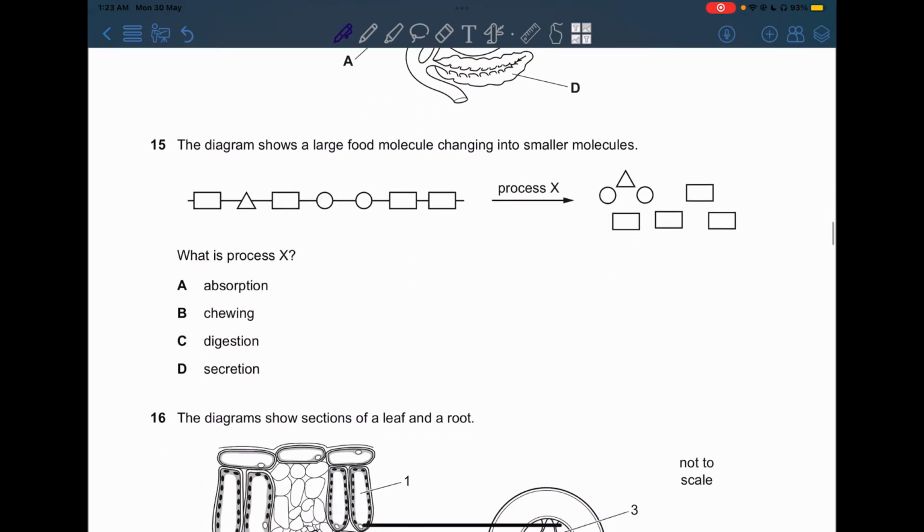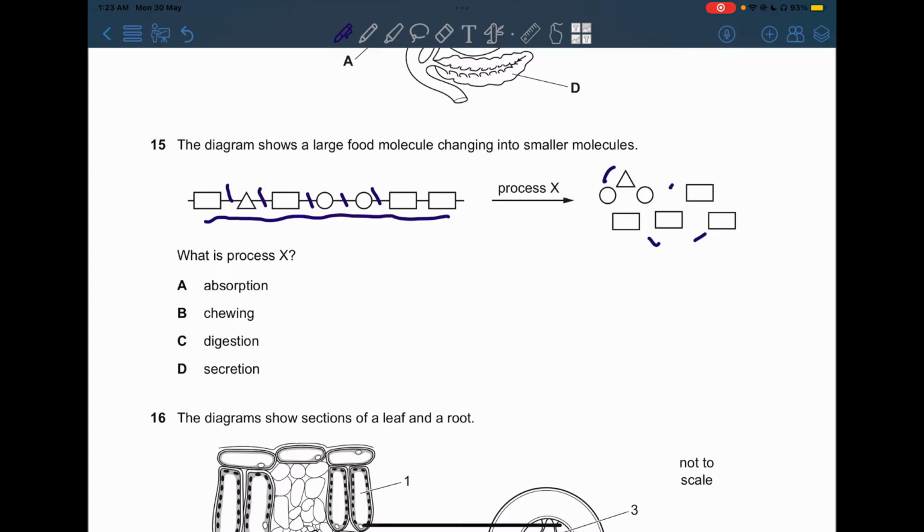Number 15, the diagram shows a large food molecule changing into smaller molecules, which is process X. Now, process X is actually, as you can see over here, these molecules were joined together. As you can see, they were joined over here. Now, after process X occurred, they aren't joined together anymore, as you can see over here.